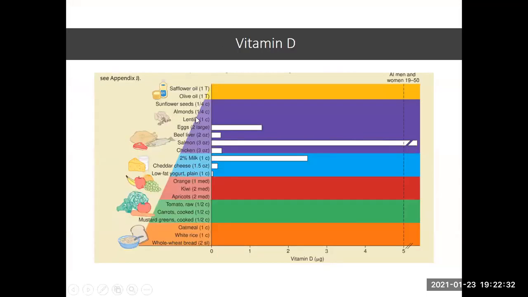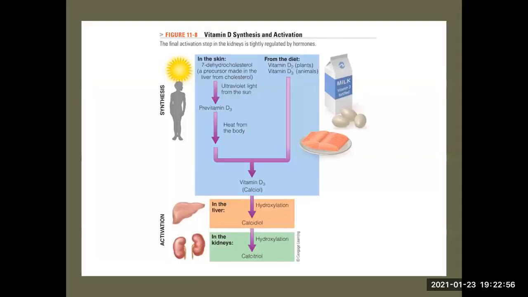Vitamin D. As you can see, it is in high amount in fish and seafood, salmon, chicken, beef liver, and eggs. Vitamin D, as you know, is important for bone formation and bone metabolism. The sources of vitamin D either come from the skin or from diet.